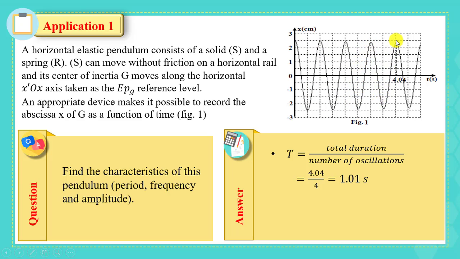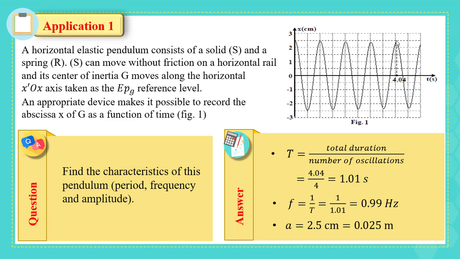Frequency, which is the reciprocal of the period, 1/T, 1/1.01, the answer is 0.99 hertz. Finally, the amplitude, which is the maximum, and is taken 2.5 centimeters, which is 0.025 meters.